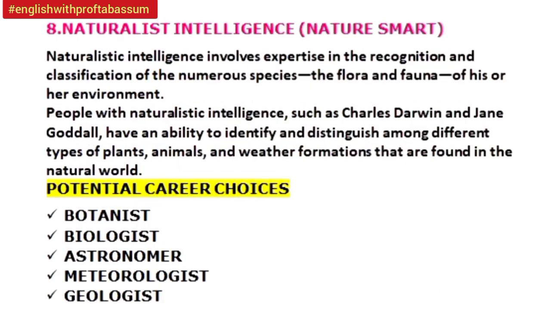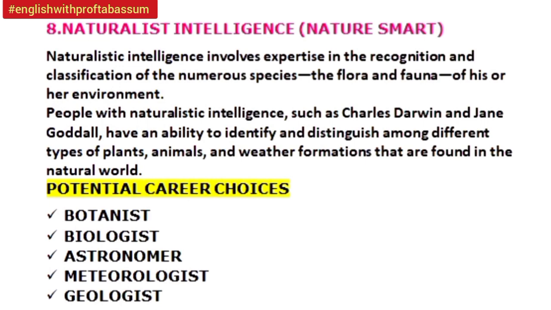The last type of intelligence is the naturalist intelligence, that is nature smart or environment smart. If you have this type of intelligence, it means that you have expertise in recognizing and classifying different types of species, for example, flora and fauna, which means you are able to differentiate between different types of animal life. And you are also able to understand your own environment.